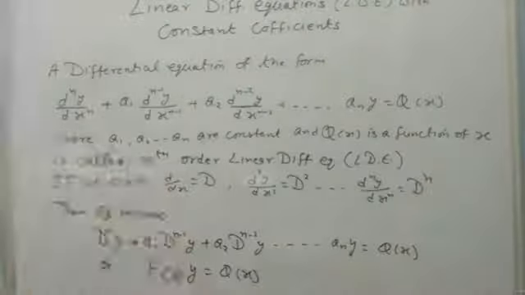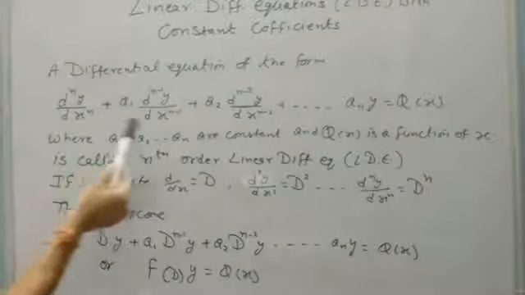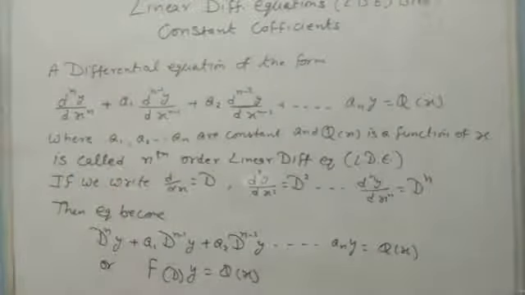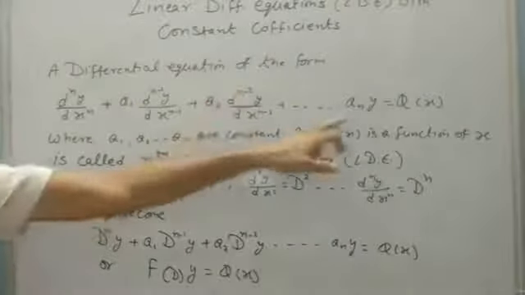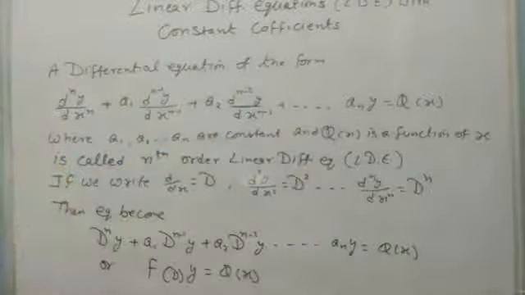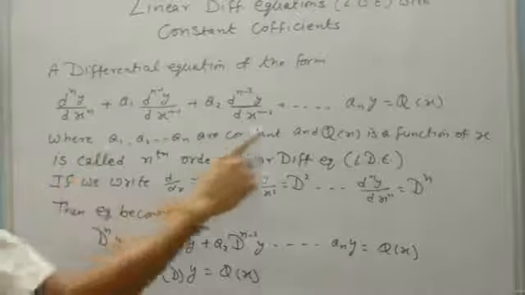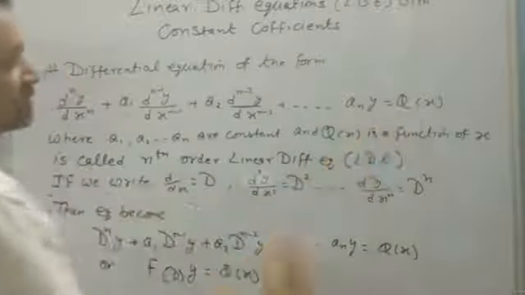Let's suppose there is a differential equation in the form of d^n y/dx^n plus a1, a2, up to an, where a1, a2, an are constants. That is why we call it a linear differential equation with constant coefficients, and Q(x) is a function of x.